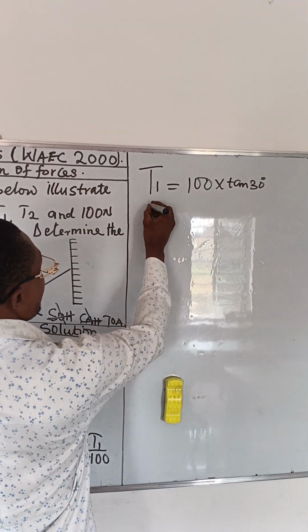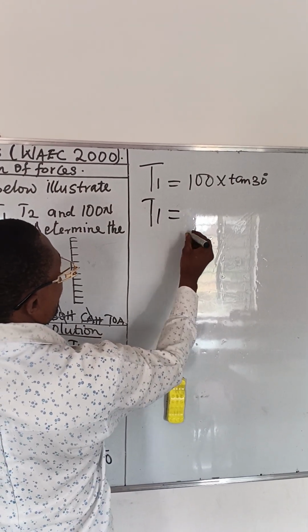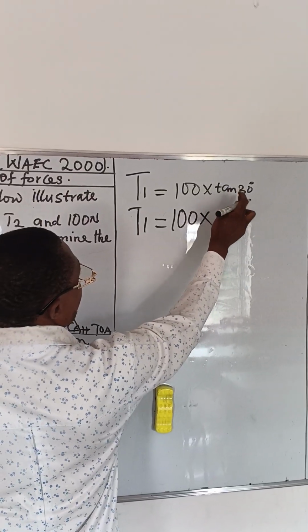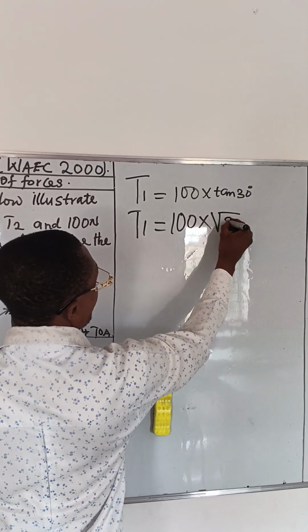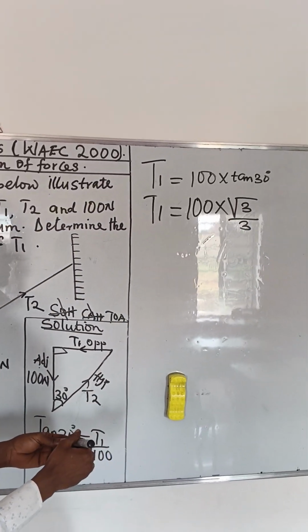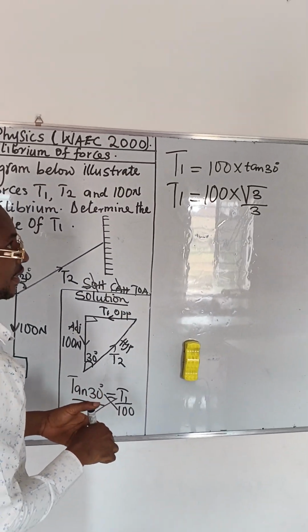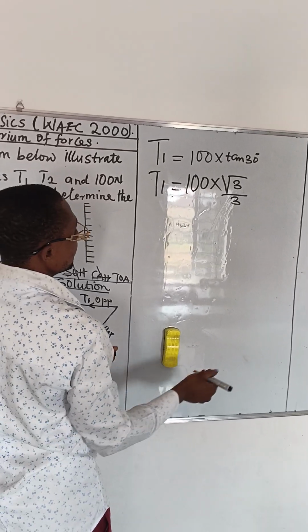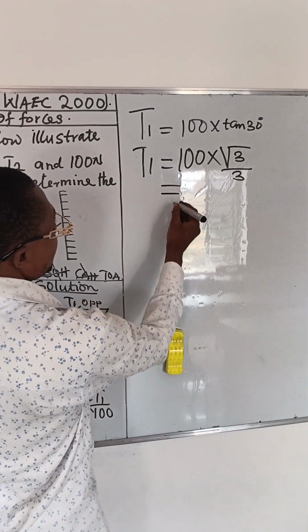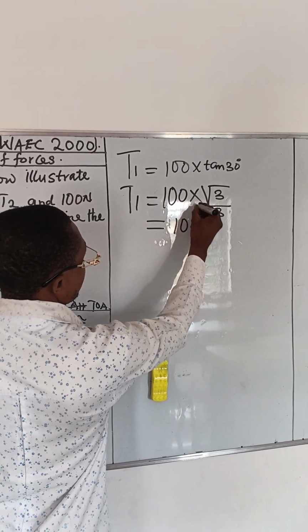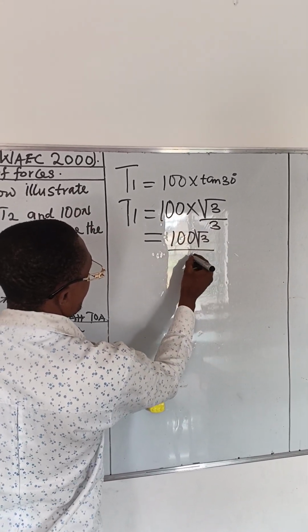So what I will say now is T1 equals 100 times tan 30, and tan 30 is root 3 over 3. So my answer is 100 root 3 all over 3.